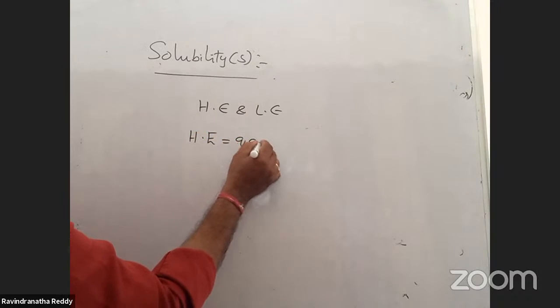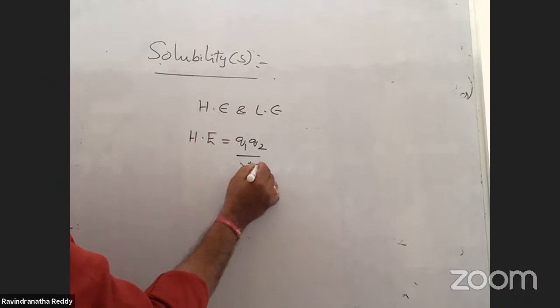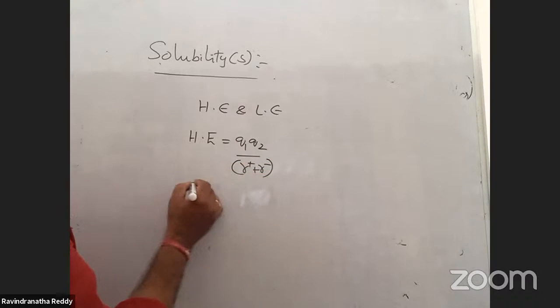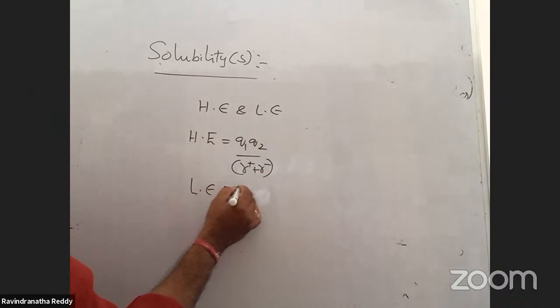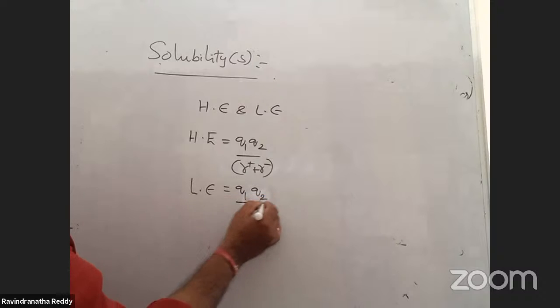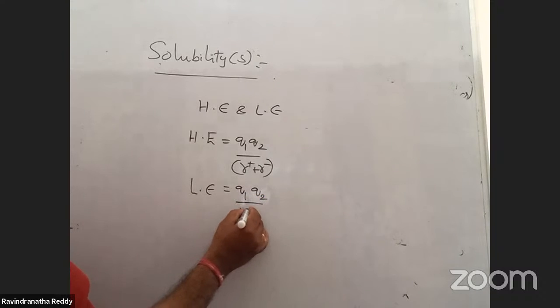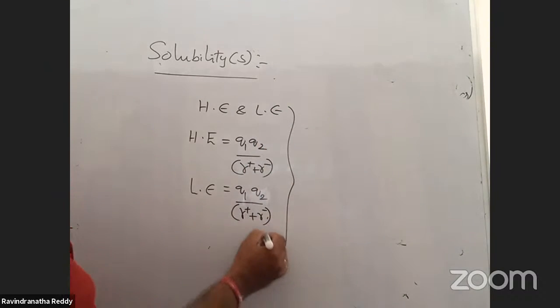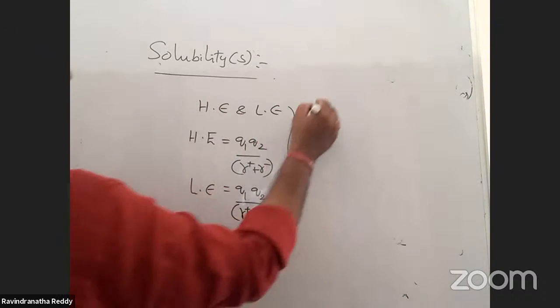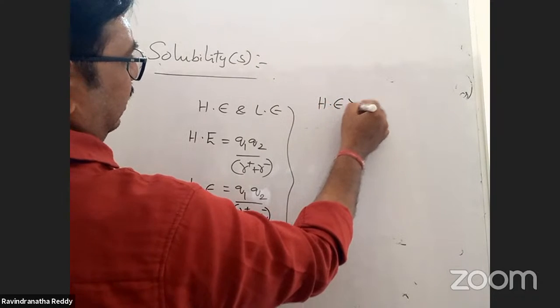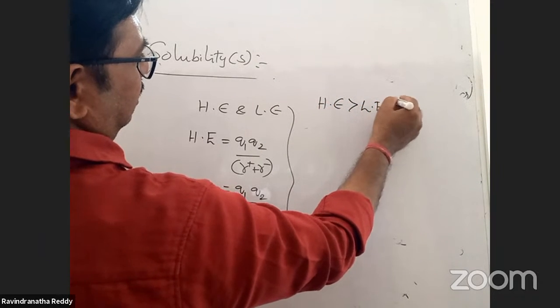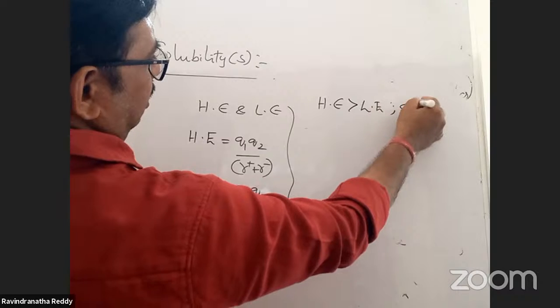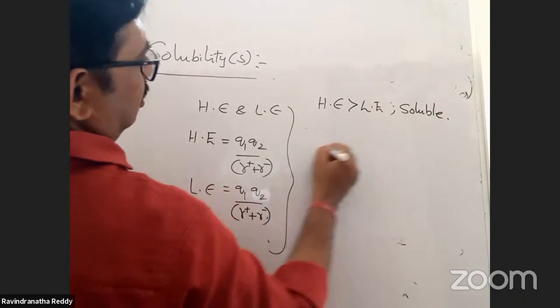That is equal to Q1 Q2 divided by the radius of cation plus radius of anion. The lattice energy formula is also the same: Q1 Q2 divided by the radius of cation plus radius of anion. But here, where hydration energy is greater than lattice energy, the salt is soluble.